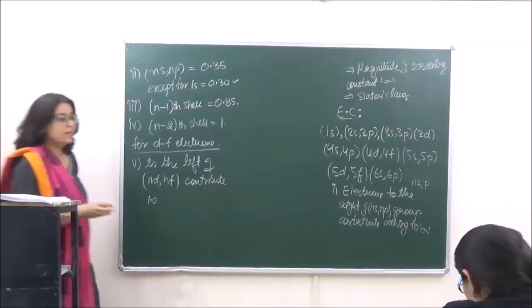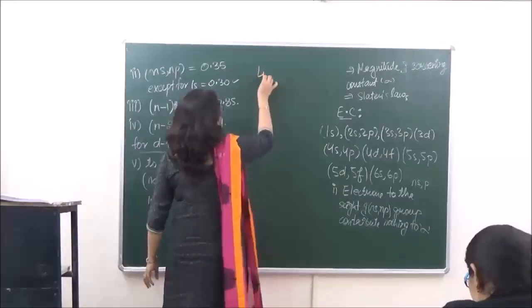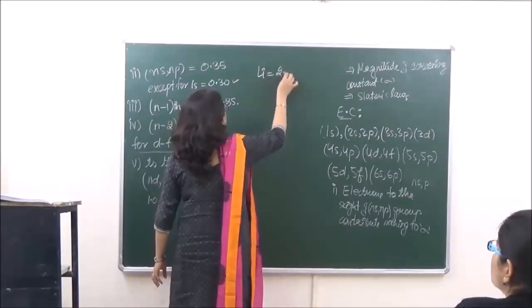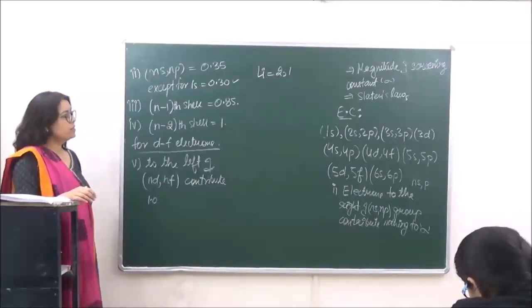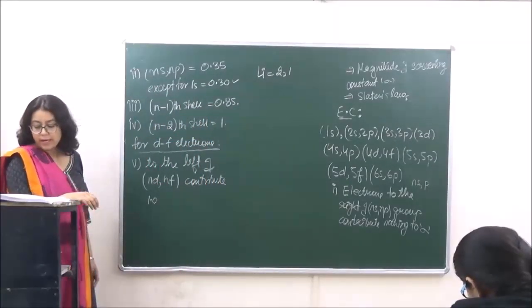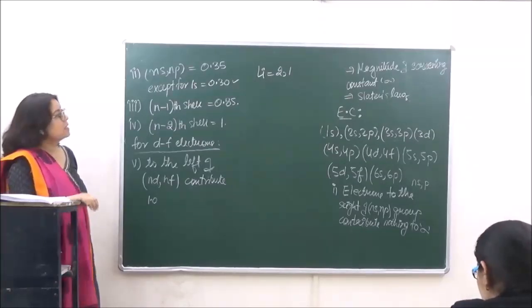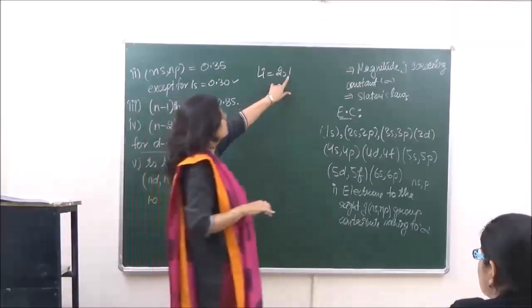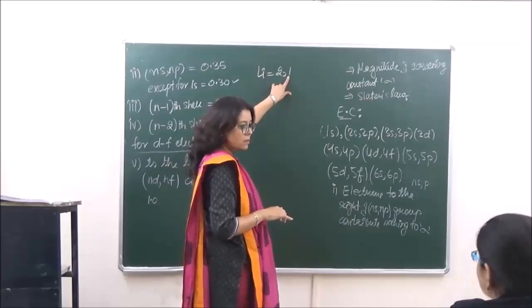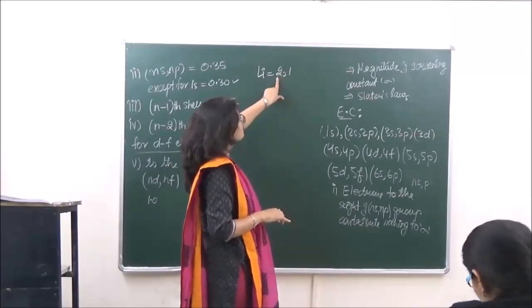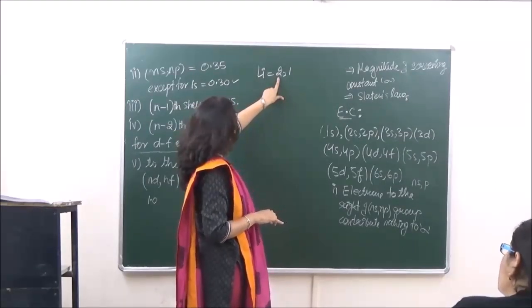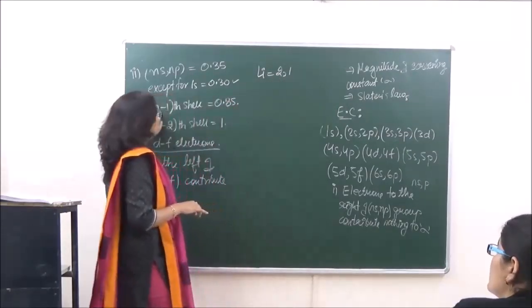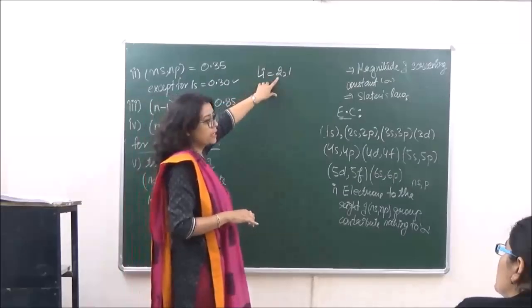The first one, let's go on to a simple element, lithium, which is 2 and 1. This is the electronic configuration. So 2 and 1 means the outermost electron is 1, and to the left it is 2, which is the n minus 1 shell.